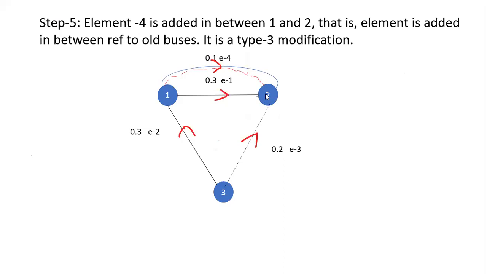Why? Because the element 4 is added in between 1 and 2, I equal to 1 and K equal to 2. Okay, the element 4 is added in between the reference to the old bus. The reference bus is considered as the I and the old bus is considered as the K value.